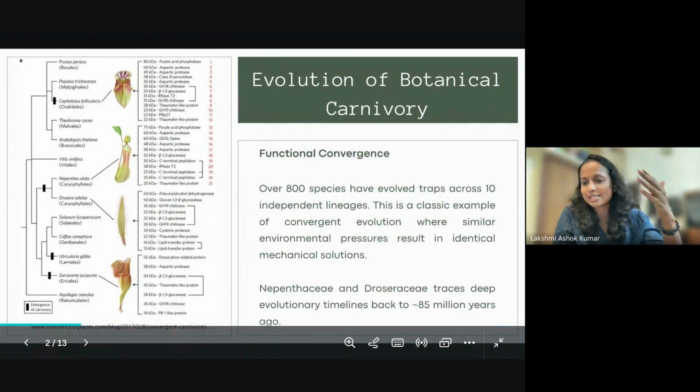It is a very interesting study that has come out that all three, which developed at different times of the evolution, have similar chemical composition in the digestive juices. And the oldest families of carnivorous plants are Nepenthaceae and Droseraceae. Both of them are the most common carnivorous plants that we see around the world.